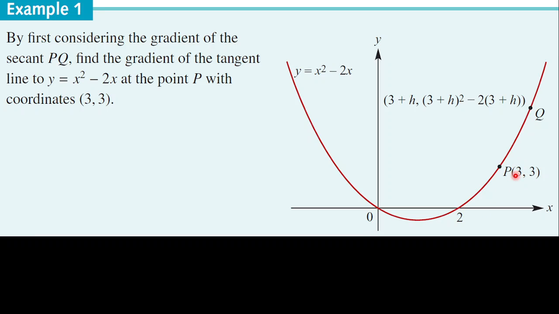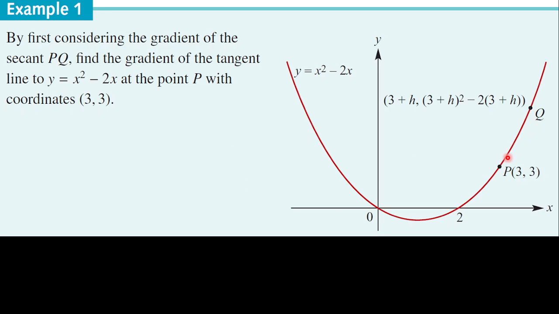So x equals 3, and y is calculated by substituting the x value, so it is on the curve. Then we have a point Q further away from the x coordinate of P by an amount h. The y coordinate is determined by substituting x by 3 plus h.